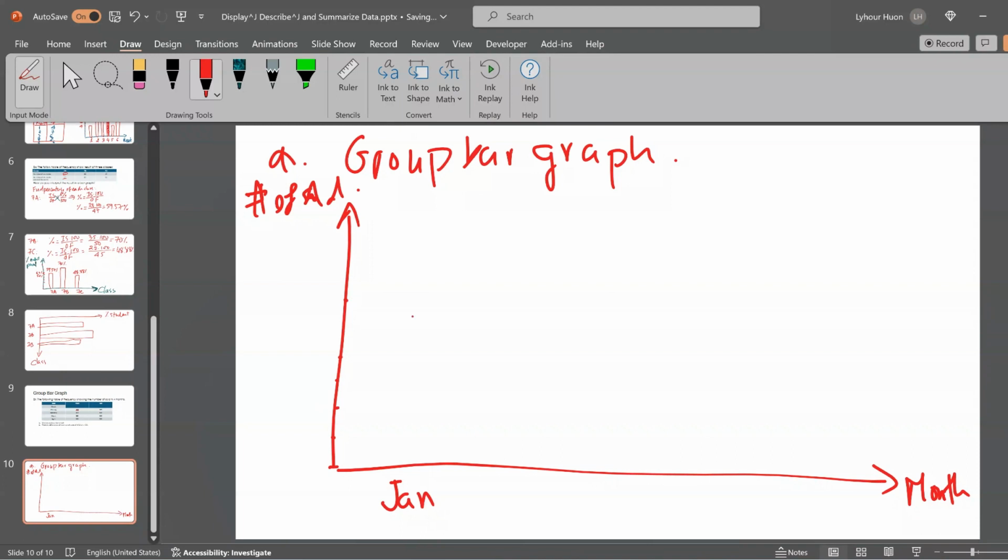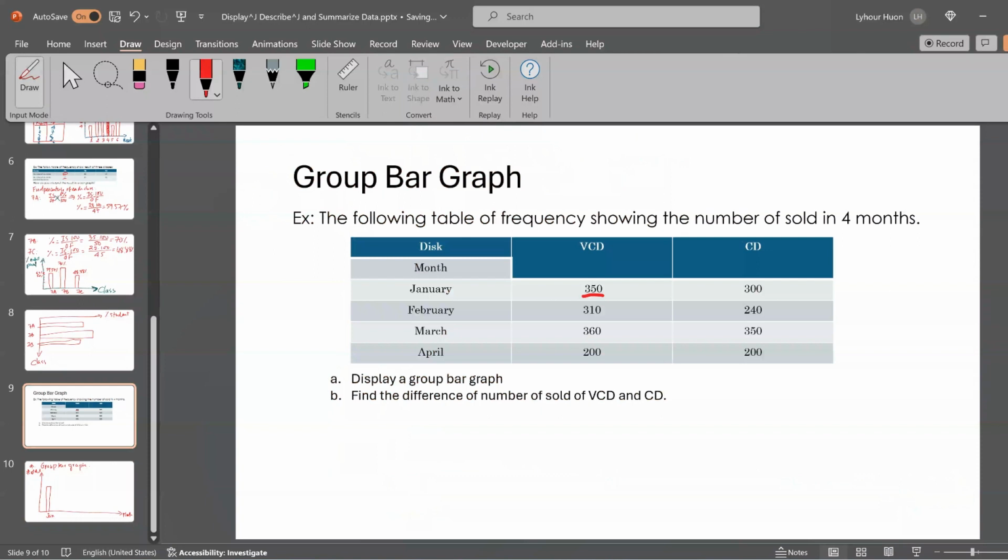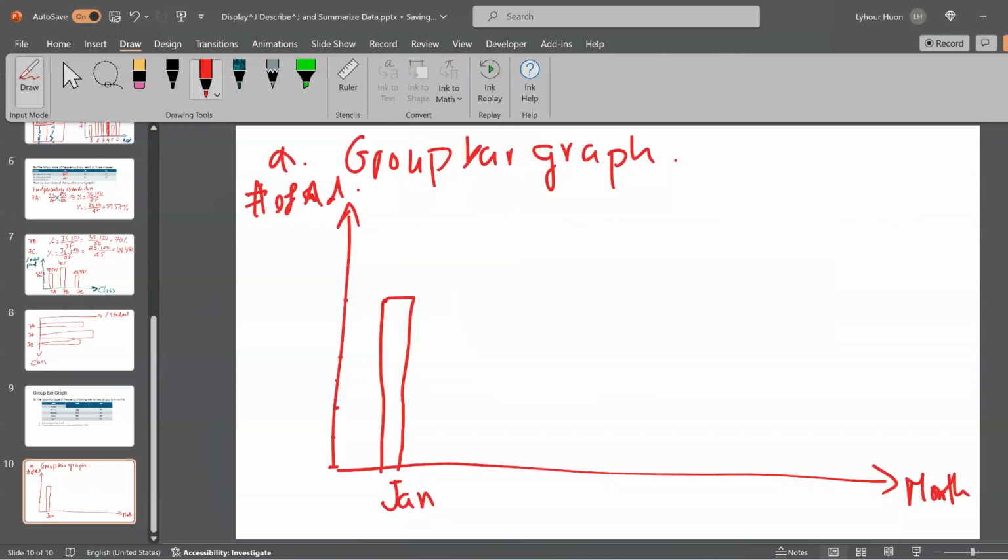So the VCD is 300 here, while the CD is 350. So 350 should be here.